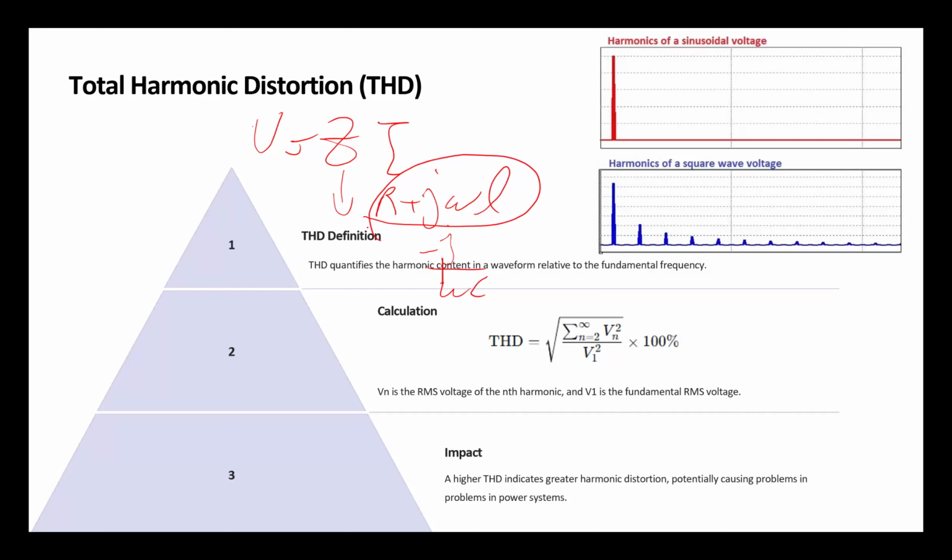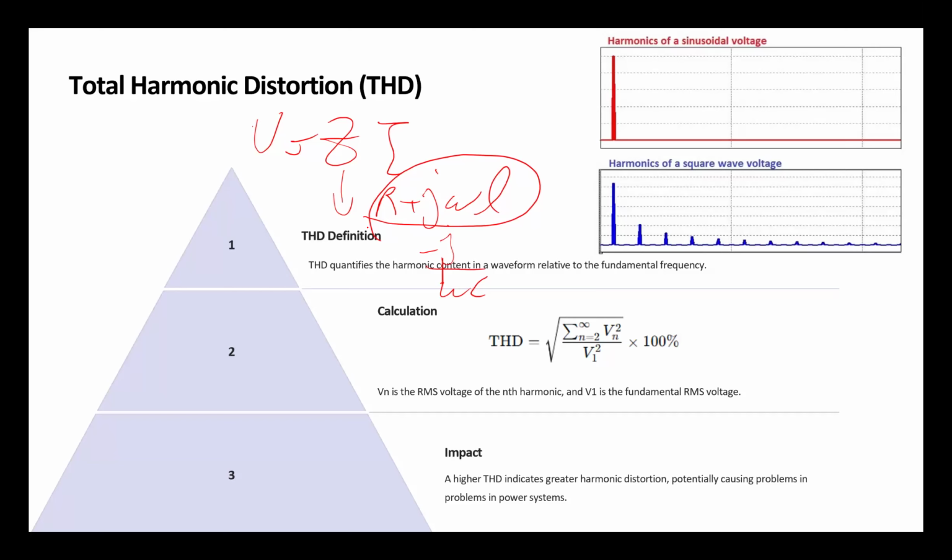Is that clear? THD is normally represented as a percentage. Same goes for the current: instead of the voltage harmonics, you have current harmonics and the fundamental current. Make sense?